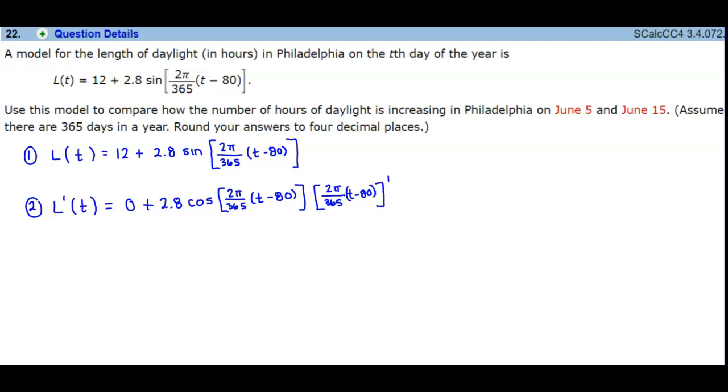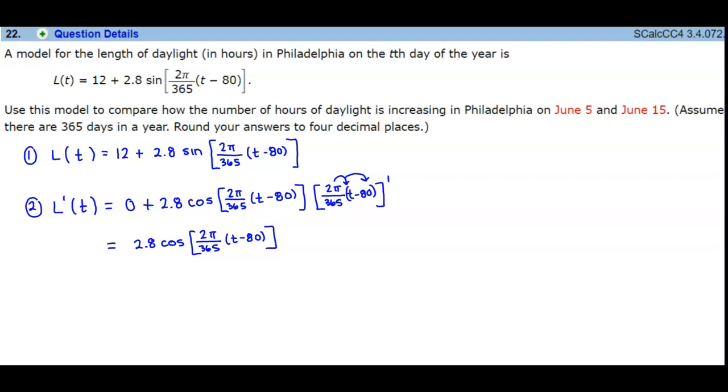So we end up getting 0 plus 2.8 times the cosine of 2 pi over 365 times t minus 80.